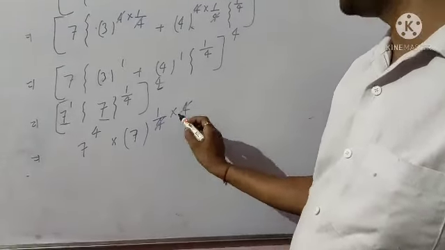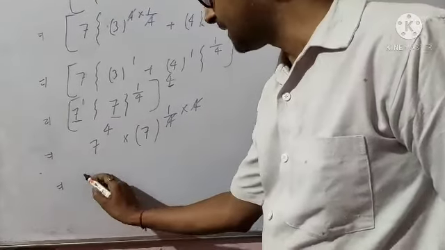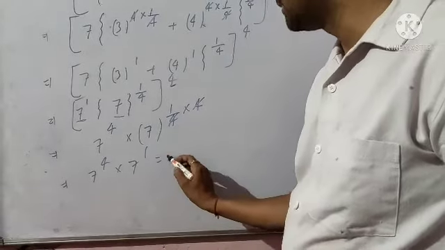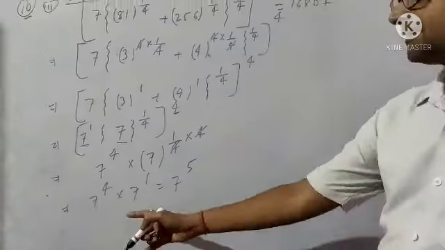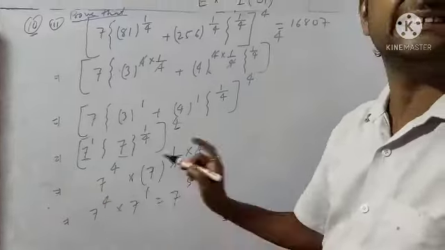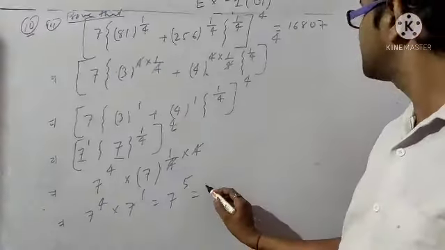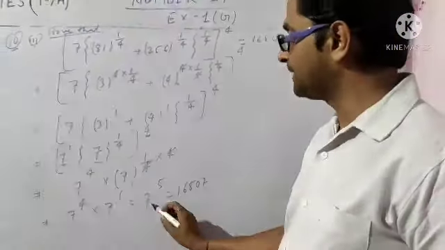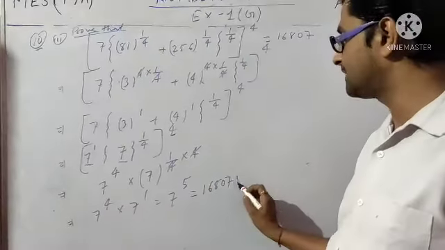So here student 4 and 4 are cancelled, then 7 to the power 4 into 7 to the power 1, so 7 to the power 4 plus 1, 5. We know that student, if bases are equal, then powers are added, so 7 to the power 5, and your answer is 16807. If you multiply 7 five times, then we will get this answer.